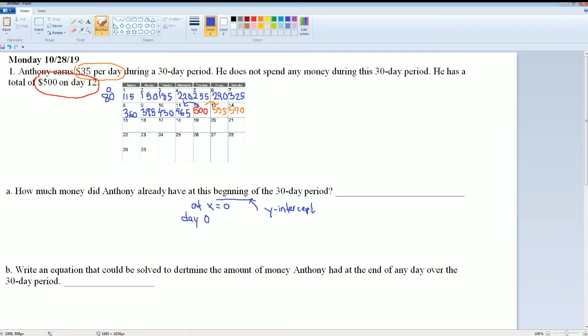So how much money did Anthony already have at the beginning of 30 days? He had a total of $80. Notice this is also your y-intercept, so b is equal to 80 here.